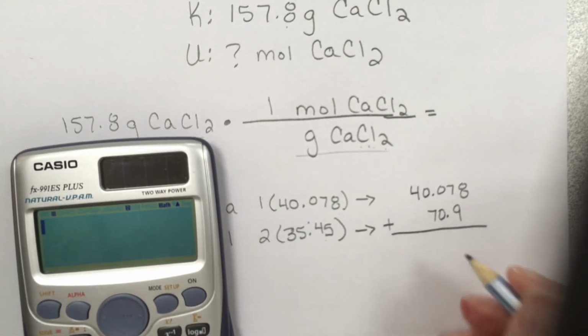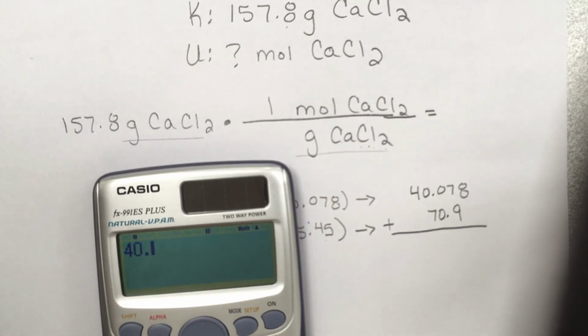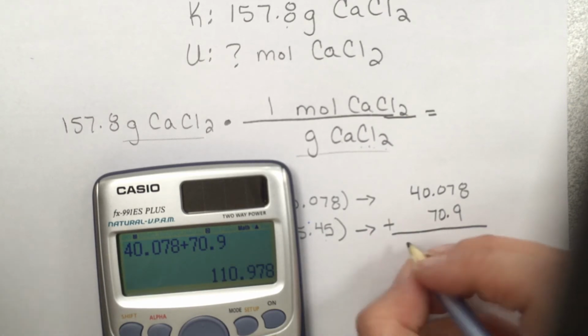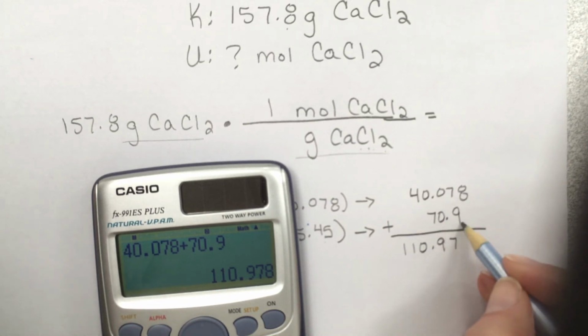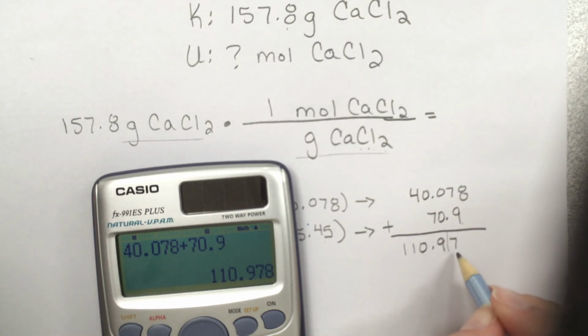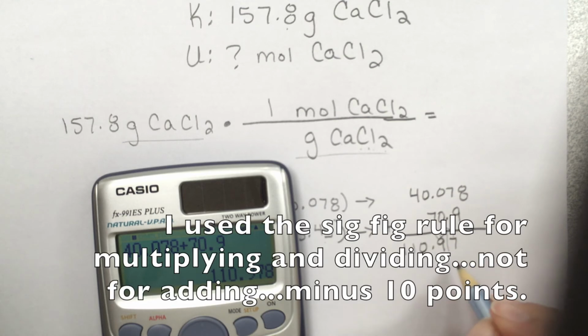Okay. So we will add them together. That's 40.078 plus 70.9, 110.97. Really, we need to cut it off here. So we'll just say 111.